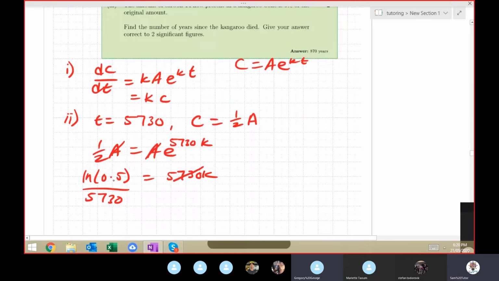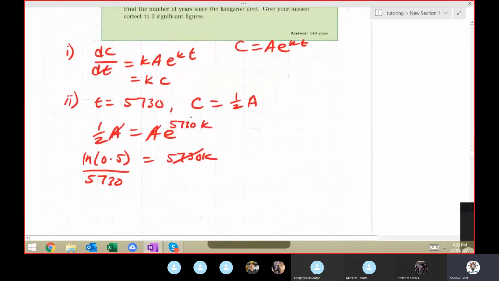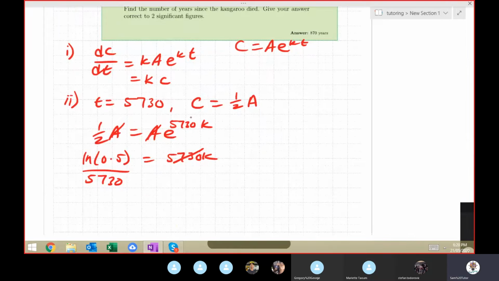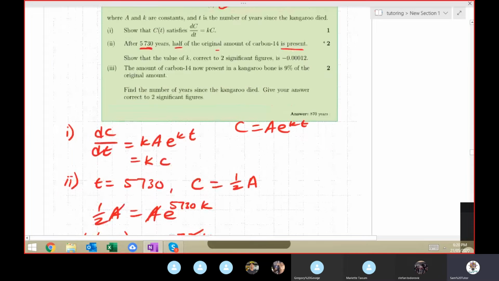You're hoping that when you plug this into your calculator, it says something with a negative there. Let's have a look. Log 0.5 divided by 5730. I got negative 0.00012. Is that what we had? Yes, you're happy, you got yourself 2 marks.